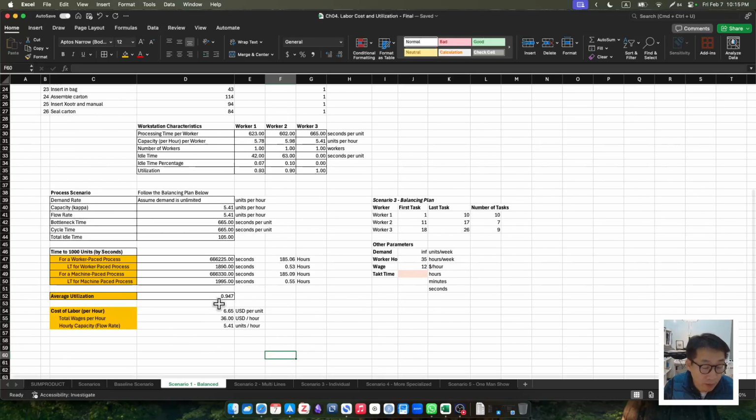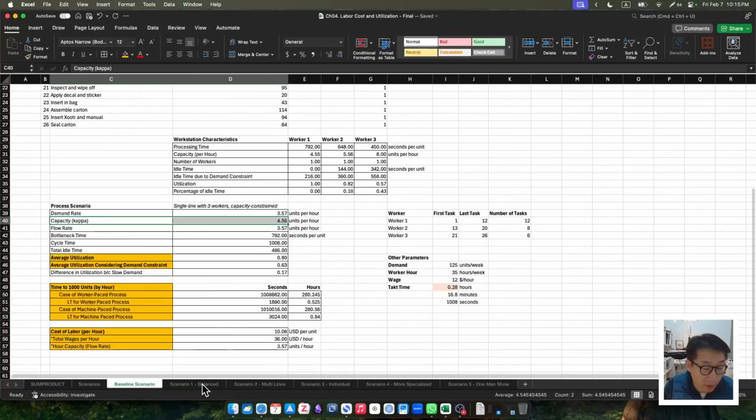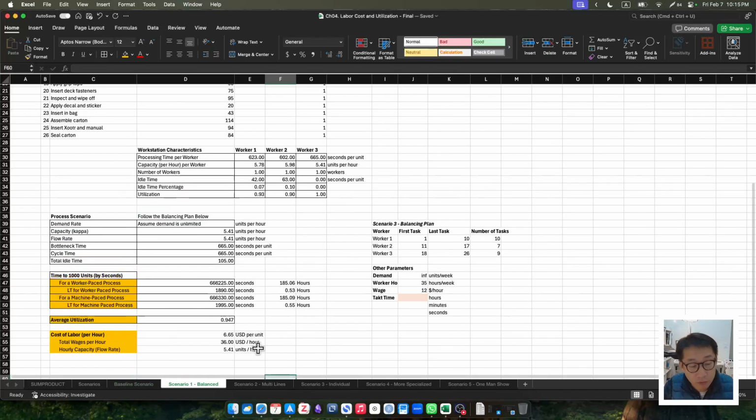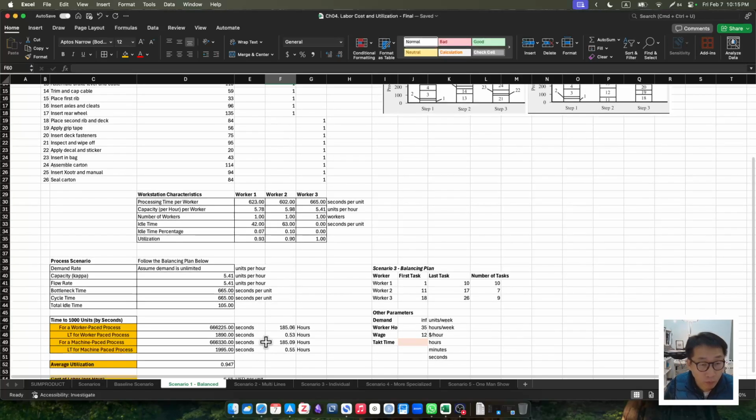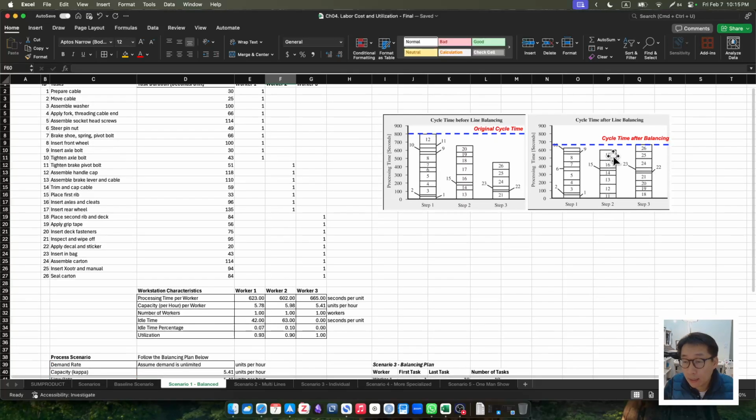So I think we spent some time looking at the baseline scenario, and now I'm moving to scenario number 1, which is after the line balancing is conducted. The only highlight with this particular scenario is that you have regrouped your tasks so that your cycle time is now much shorter, therefore your capacity is higher.